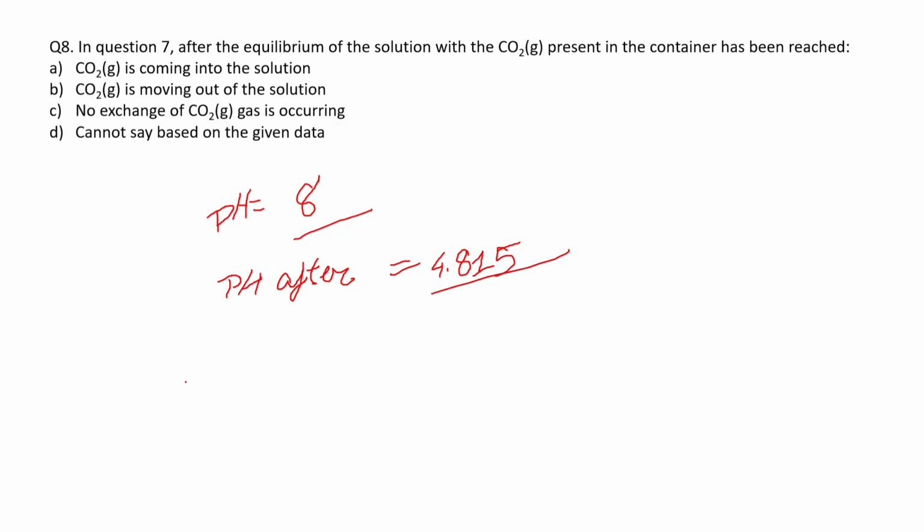In the week 6 lecture and also in the problem solving session, we have seen that when the system is equilibrated with CO2 gas, or when CO2 gas is bubbled in the system, there is no change in the alkalinity, because we know alkalinity.